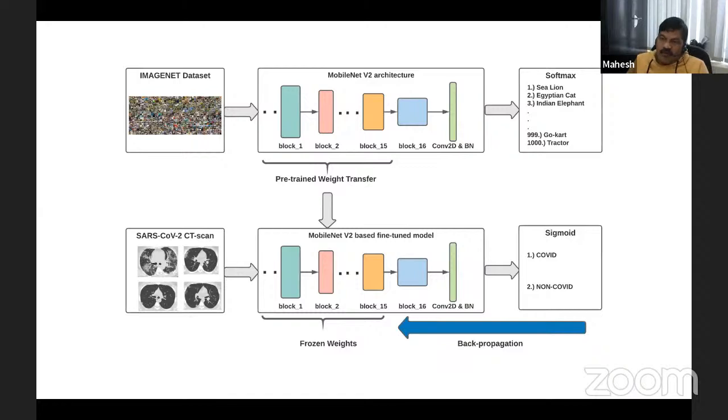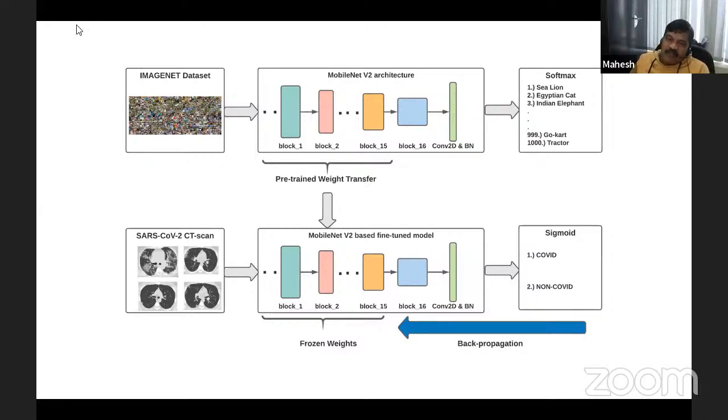There are images of sea lion, Egyptian cat, Indian elephant, tractor, go-kart, so many. Such 1,000 classes are there. So the model was trained on the ImageNet dataset. Now the same model we want to use for our COVID-19 detection problem. Here you can see they have used 10 million images. Now we are going to use 2,500 or fewer images for training purposes.